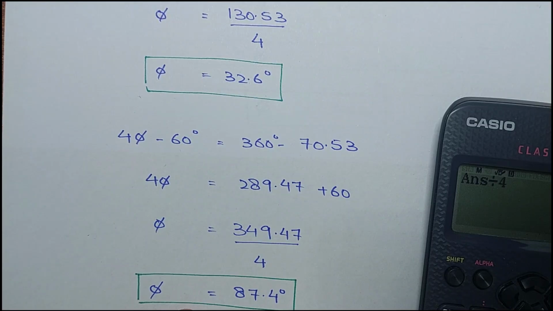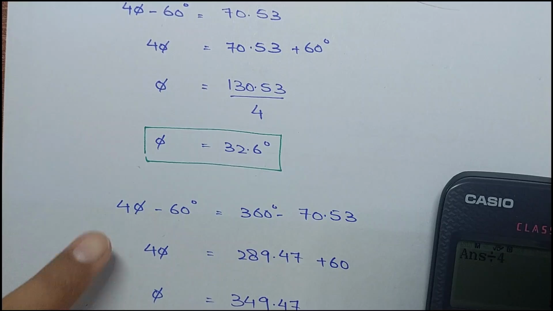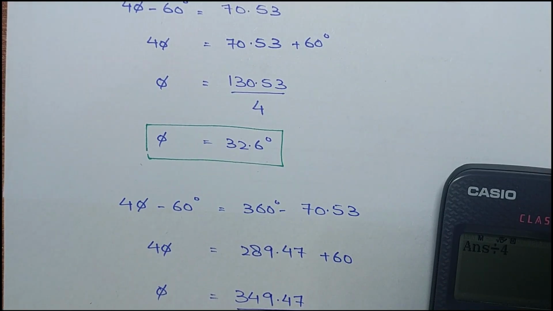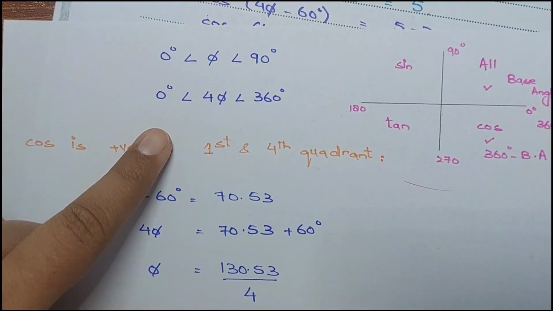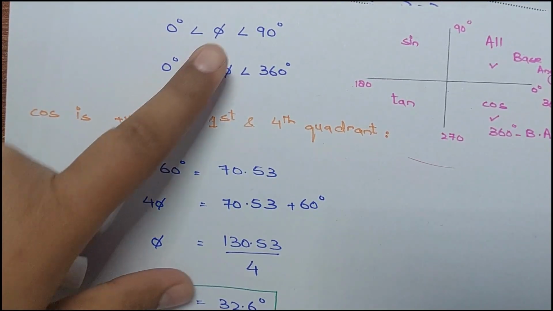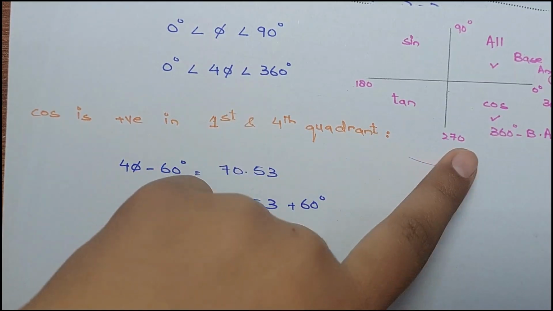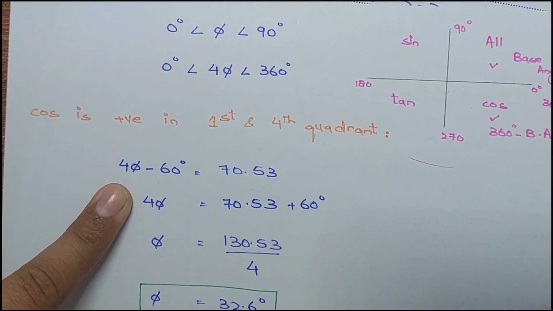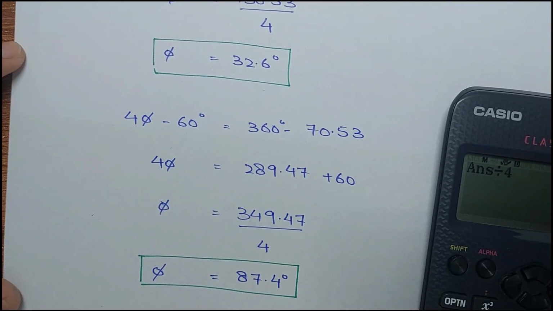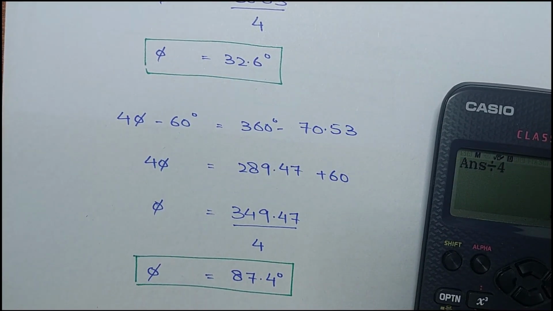The domain is for phi, which is from 0 to 90, but in the question we have the angle 4 phi, so we have to figure out the domain for 4 phi, which is from 0 to 360. So you have to solve 4 phi from 0 to 360, and then find out the final answers for phi, right? I hope this is clear now.